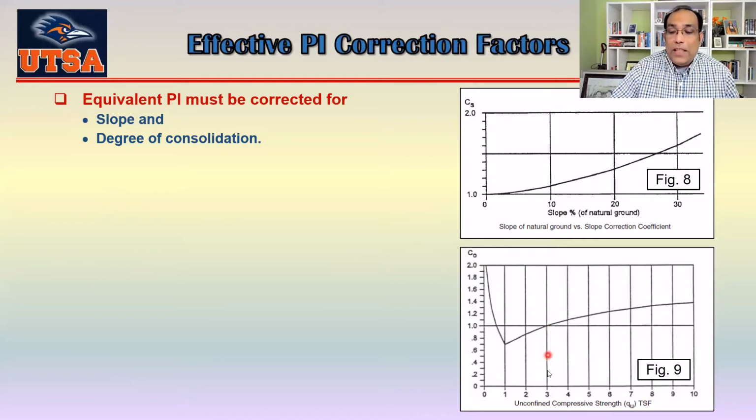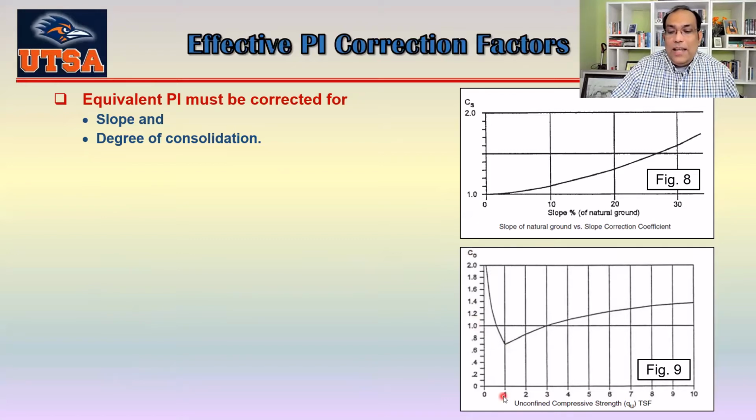When the unconfined compressive strength is 3 TSF, tons per square foot, then your C naught equals 1. If it is less than that, then your C naught is smaller than 1. And if it is bigger than this, then you will see your C naught is higher than 1.